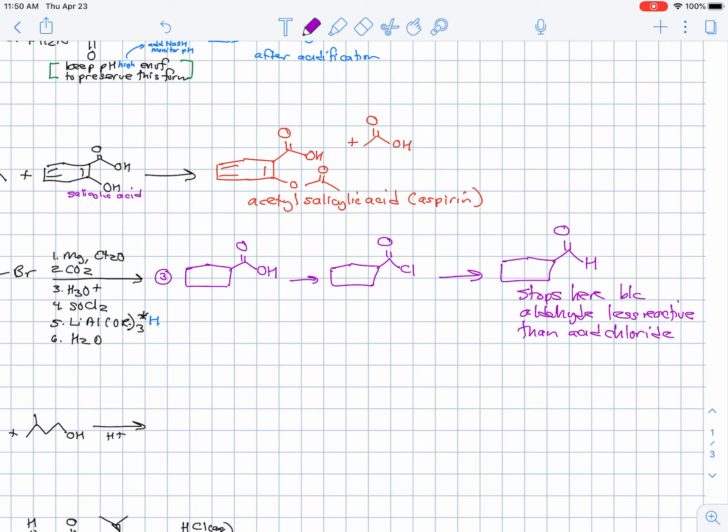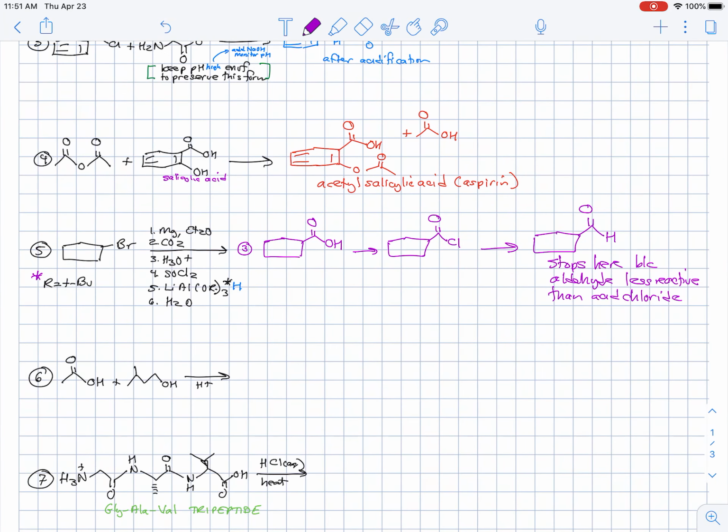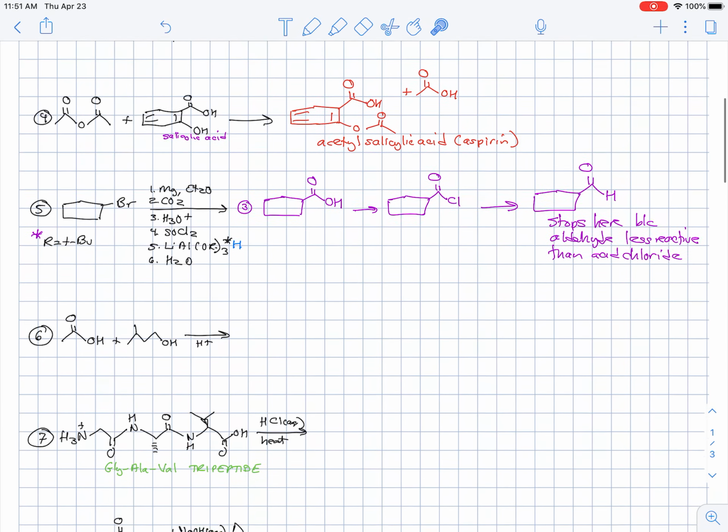When we reduce something like an ester or carboxylic acid, the aldehyde that we get from that initially is more reactive than the starting ester or carboxylic acid, so we don't have that outcome. But this reducing agent is not active enough, it's too sterically hindered to react with anything but the very reactive acid chlorides and anhydrides.